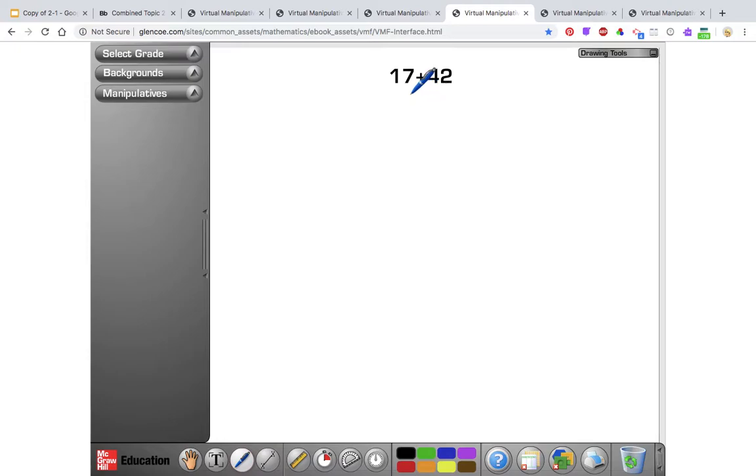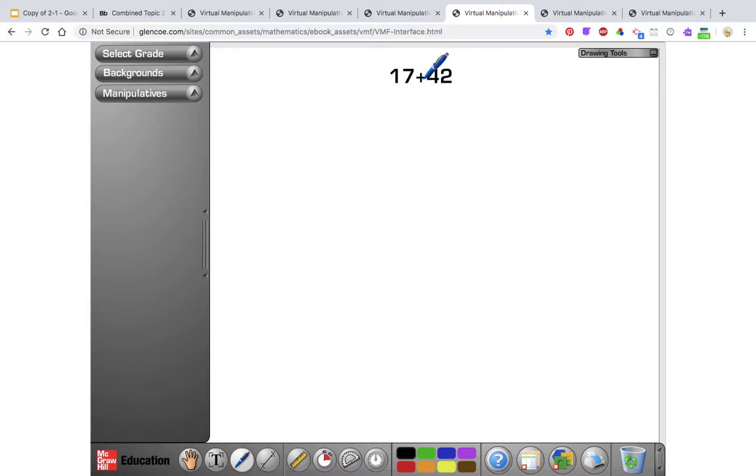So I'm looking at 17 is closer to the next group of 10 than 42. So I could keep 17 and borrow from the 42. Or I could do the other way around, whatever makes sense to you. I could also borrow from the 17 and give it to the 42.